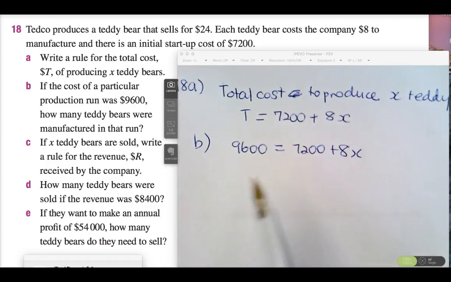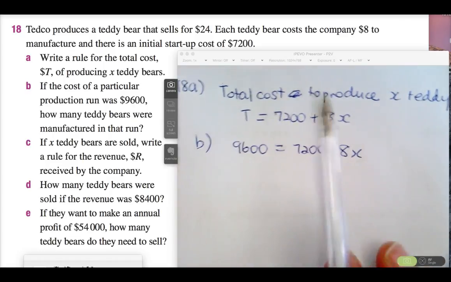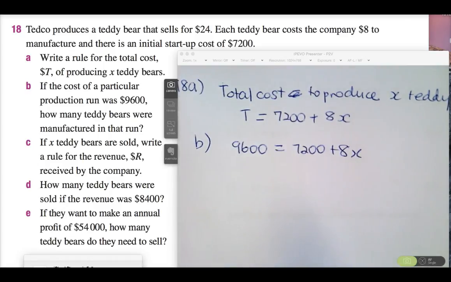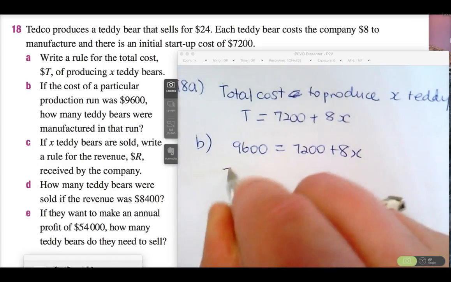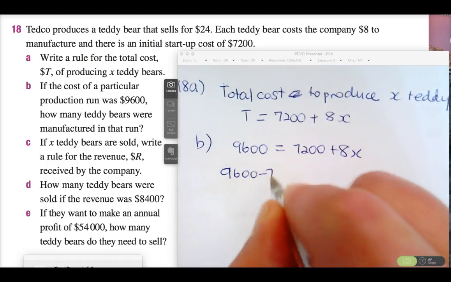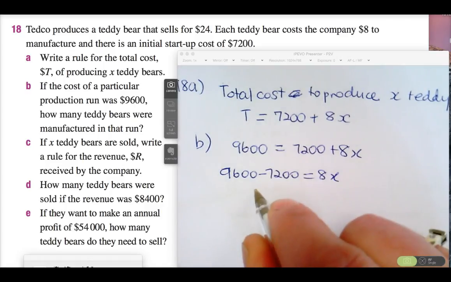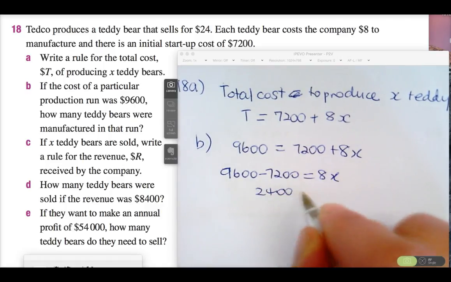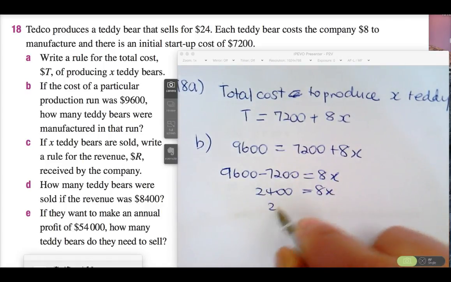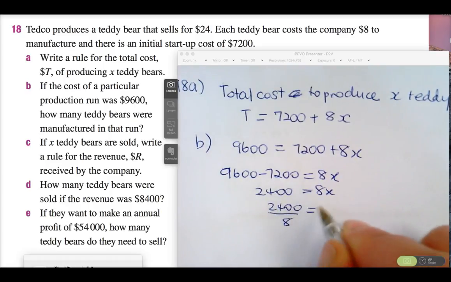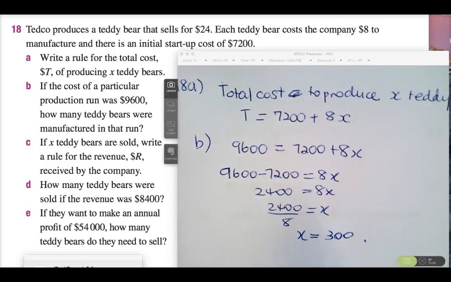They're saying a run cost $9,600. They're including the startup costs in that run. What have we got? 9,600 minus 7,200 equals 8x. That's 2,400 is 8x. 2,400 divided by 8 is x, therefore x is 300 teddy bears.